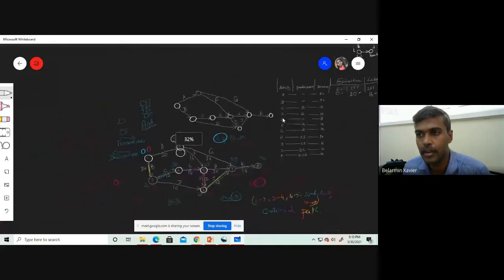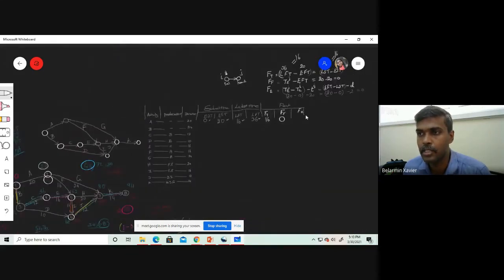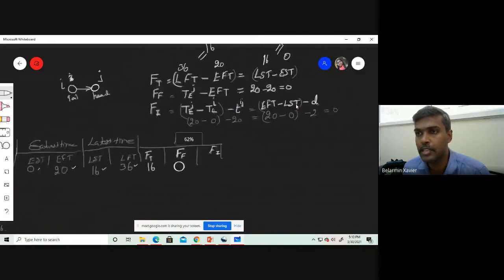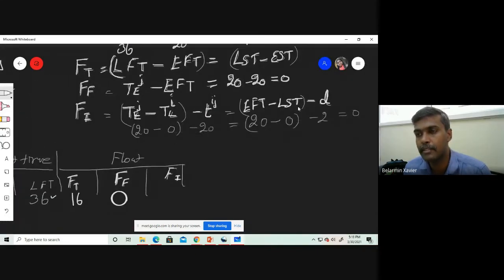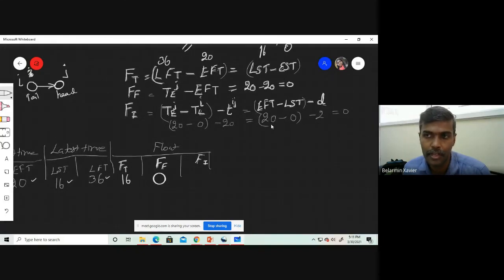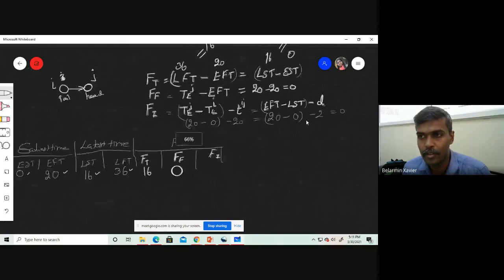So finally it will come 20 minus 20, that is equal to 0. And you can refer in terms of earliest finishing time minus latest starting time. Earliest finishing time is 20, we already know, minus latest starting time 0, minus duration 20 actually. So it will become 0.